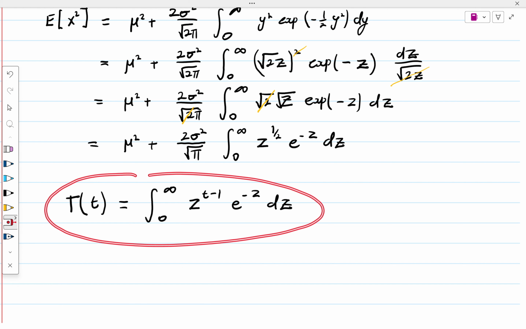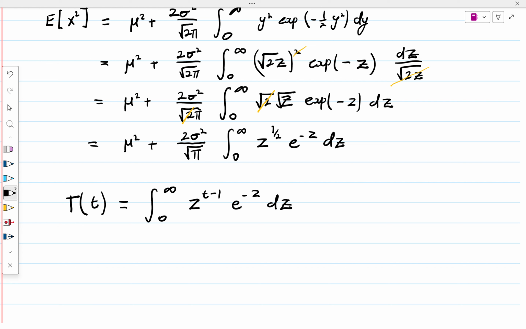And it has a number of properties. For example, one of the properties is that for t an element of the natural numbers, this is simply equal to t minus 1 factorial.